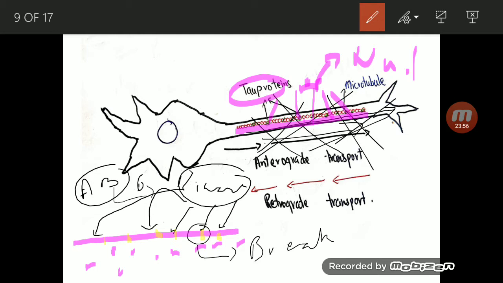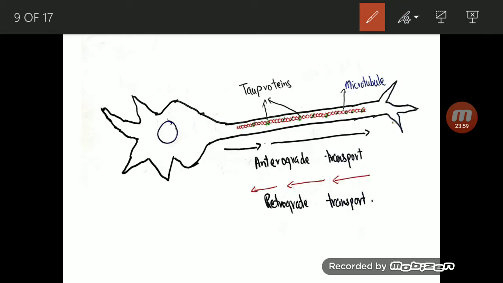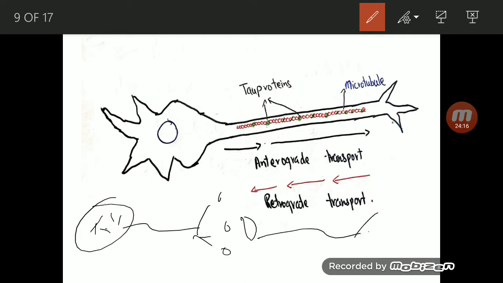So you get reduced signals being transferred through your neurons. See, in this neuron there is tau getting accumulated, there are senile plaques over here, and your dendrites.